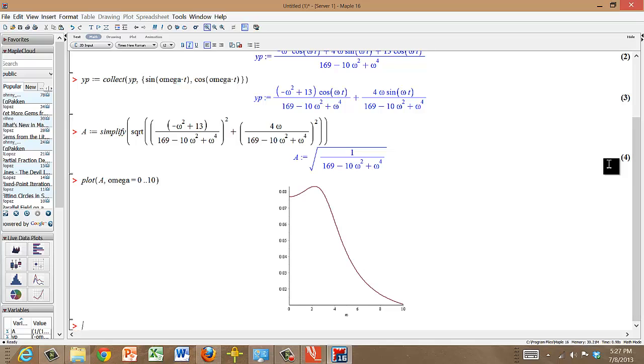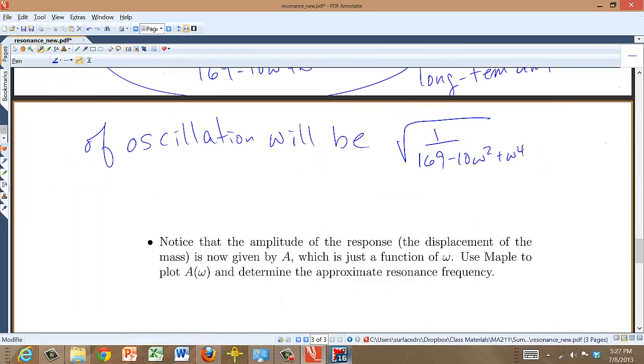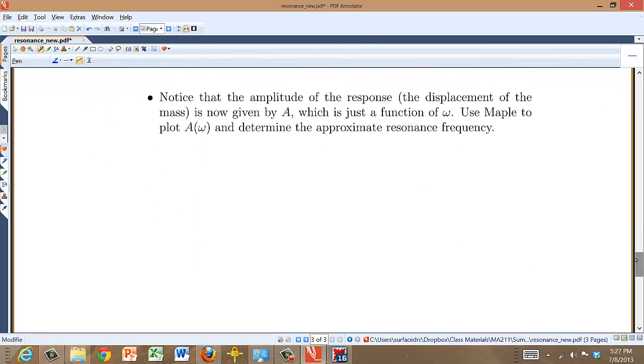We would like to maximize that response. Here we've plotted A of omega, and we could approximate that the resonance frequency is something like maybe 2.1 or 2.2.